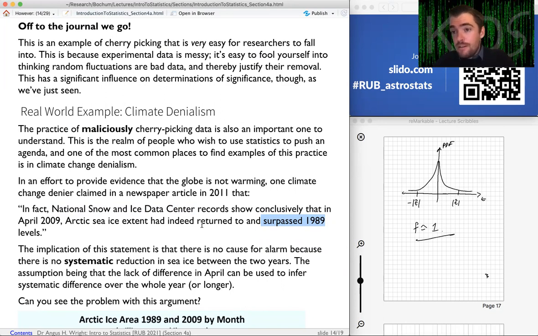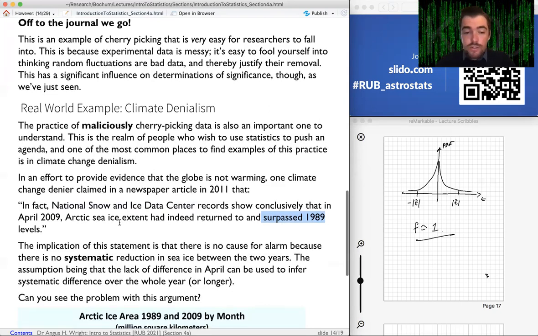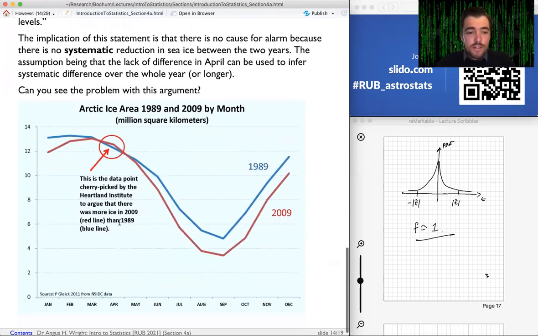That may be a fair line of argument, unless they've done something to very specifically identify a data point that fits their hypothesis that doesn't fit the global trend. Looking at the data that they actually used for that argument, this is the data.